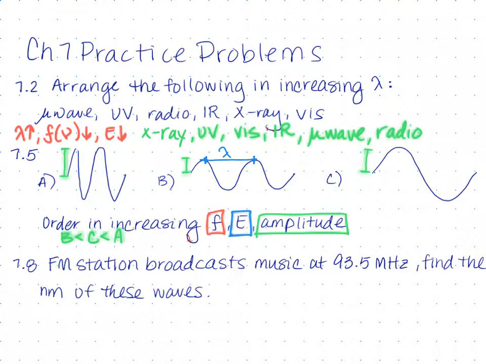Or we can go from start to finish, when it goes up, down, and meets back at its initial position. Here I'm going to go peak to peak. So looking at each of these, I think this is my longest wavelength.